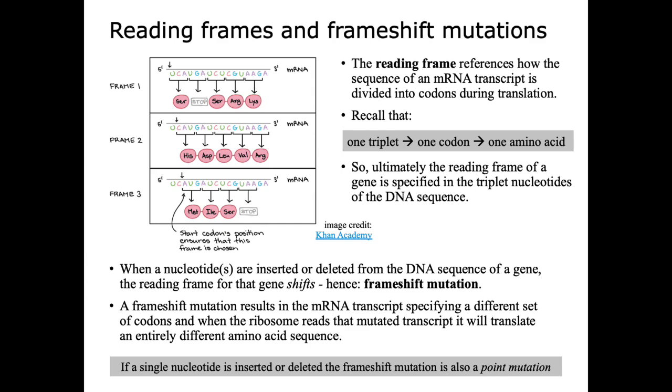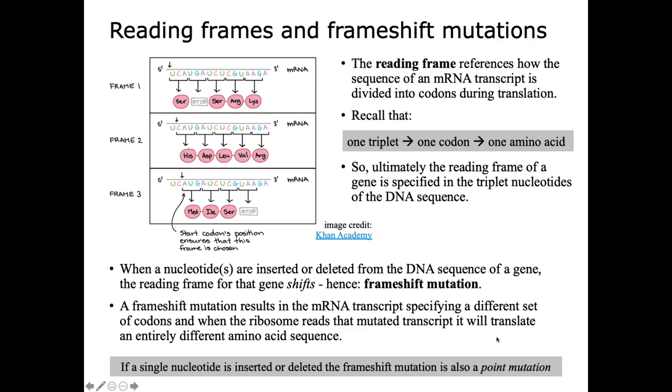Remember, RNA uses uracil, DNA uses thymine. Okay, that's the reading frame, and insertion or deletion mutations can shift this reading frame, hence a frameshift mutation. To drive the point home, if a single nucleotide is inserted or deleted, that frameshift mutation is also a point mutation.